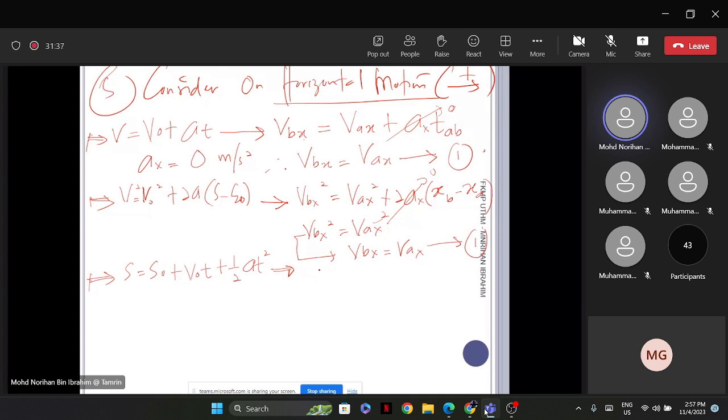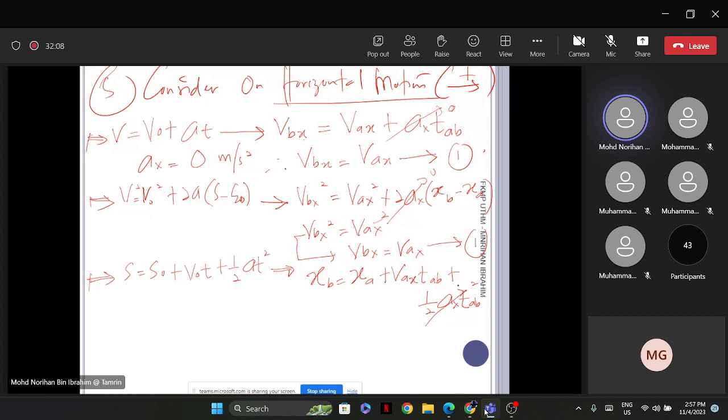So kita akan dapat xb is equal to xa plus vax tab plus half ax tab to the 2.